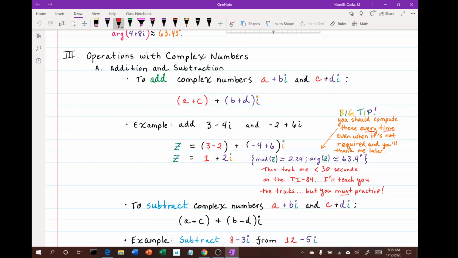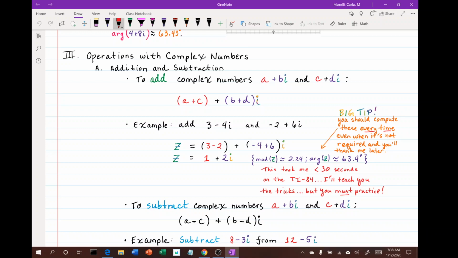And then I add in the imaginary elements of the complex numbers, which are negative 4 and 6. And what I do is I just put i out to the right of those two imaginary numbers. So negative 4 plus 6, i. So our final z is 1 plus 2i.